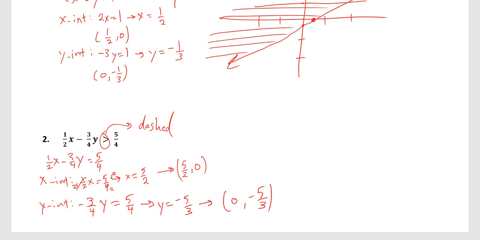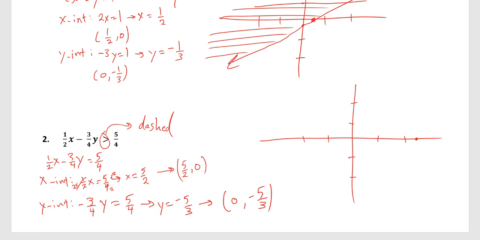Right? And then we just create a coordinate plane. So the x-intercept is 5/2 and 0. 5/2 is 2.5, so somewhere here.